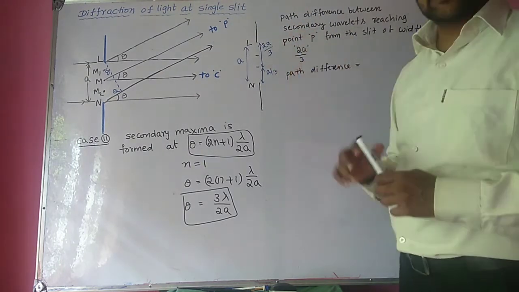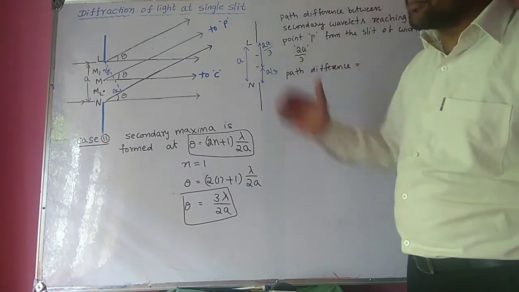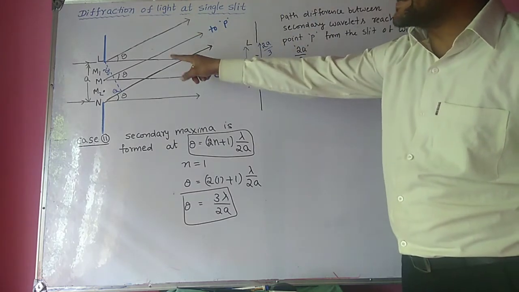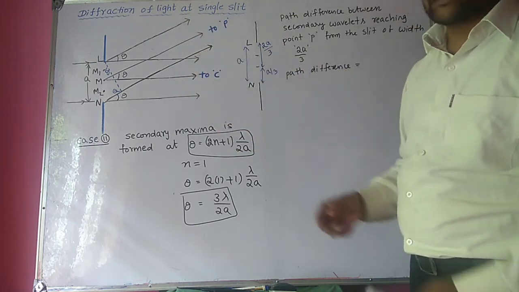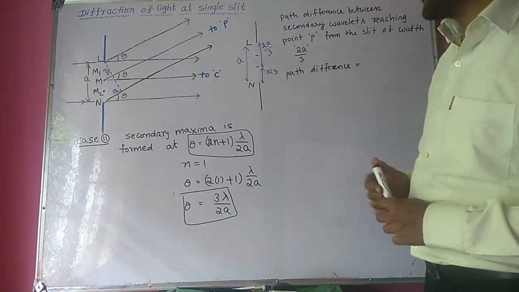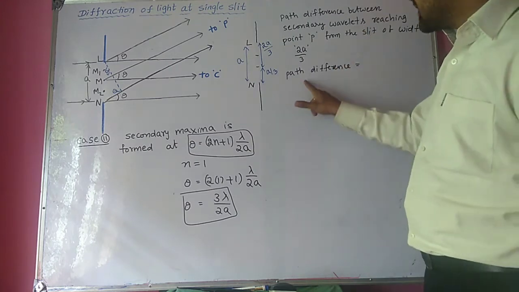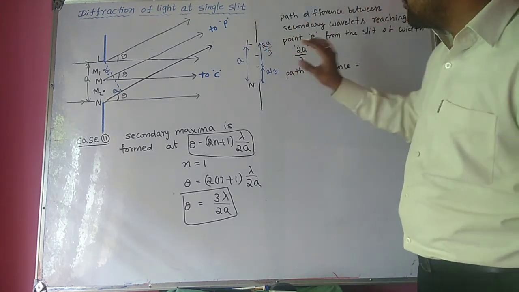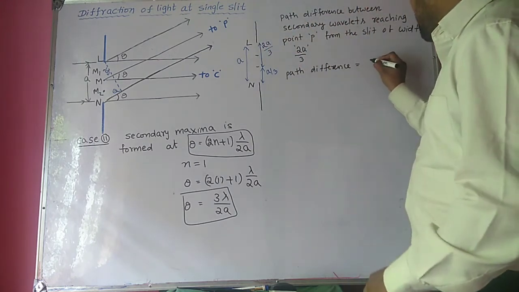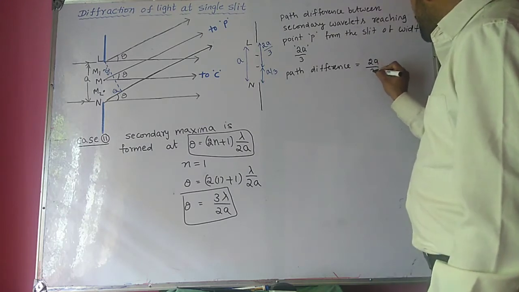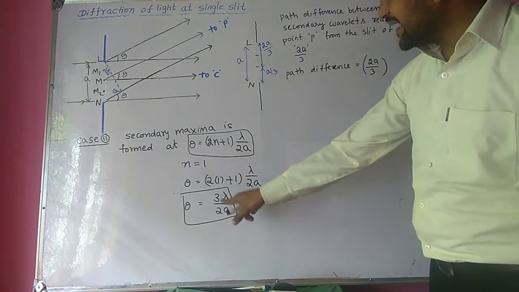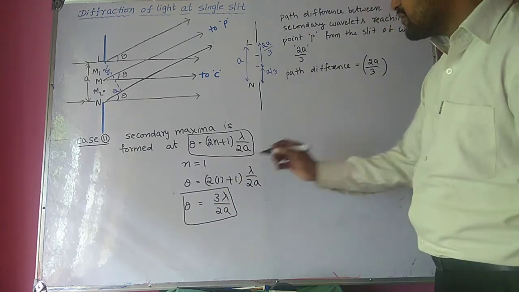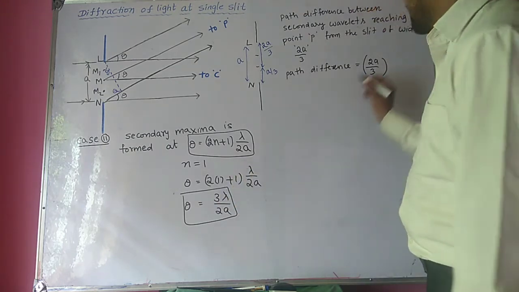Actually, we have discussed the path difference formula, the product of the width of the slit and the angle, a into theta. Already we have discussed this expression. Now here we are considering the path difference for the slit of width 2a by 3, that is 2/3 of the slit, and the angle theta, which we have discussed is 3 lambda by 2a.